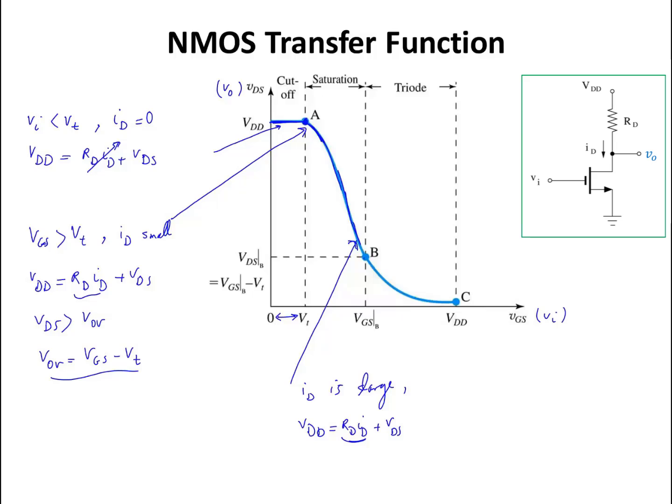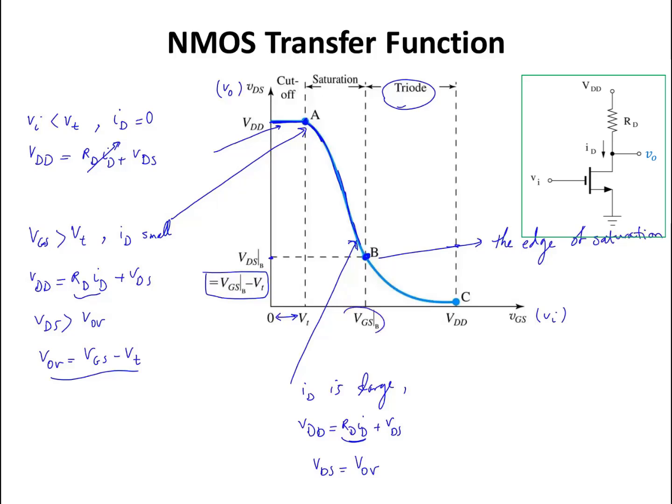At some point, when you get to point B, the value of VDS is going to be equal to the overdrive voltage, which is this point. VDS at point B equals the overdrive voltage, which is VGS minus V threshold. Beyond this point, if you increase VGS, the transistor is going to operate in the triode mode. So this is called the edge of saturation.